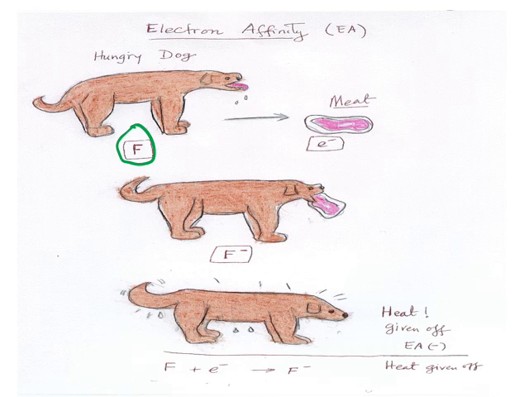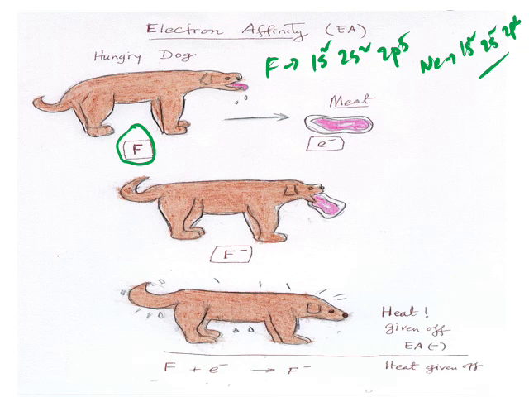Just to make sure that you understand that, fluorine has electron configuration of 1s2, 2s2, then 2p5, and corresponding noble gas neon has 1s2, 2s2, 2p6. So it's only away by one electron.